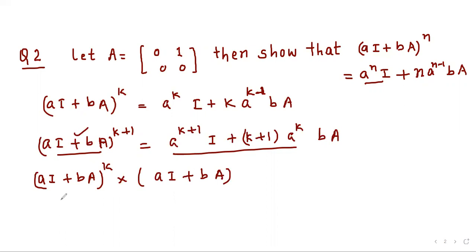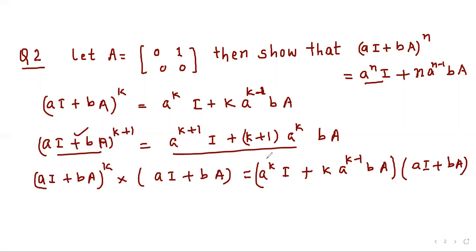Now (ai plus ba) power k is given by a power k times i plus k a power k minus 1 ba, and then we have to multiply by ai plus ba.